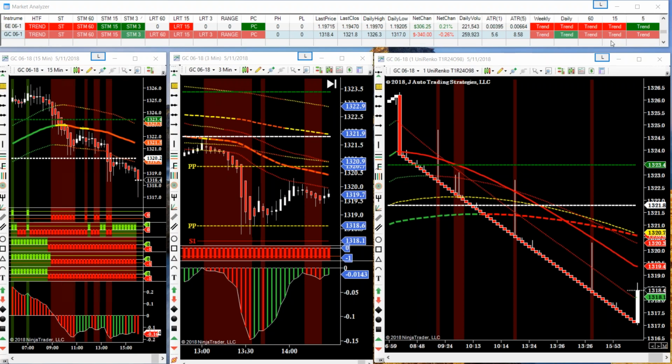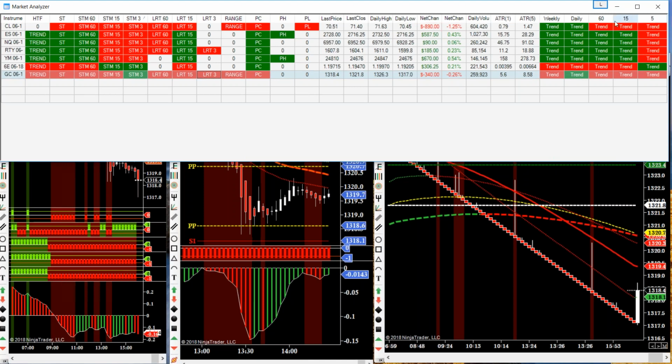On the far right-hand side, you've got the higher time frame trend on the weekly, daily, 60, 15, and 5-minute charts. Those trends are taken, and an amalgamation of that, a synthesized level, is put inside this one solver, so we can see if the market is trending up or down overall.